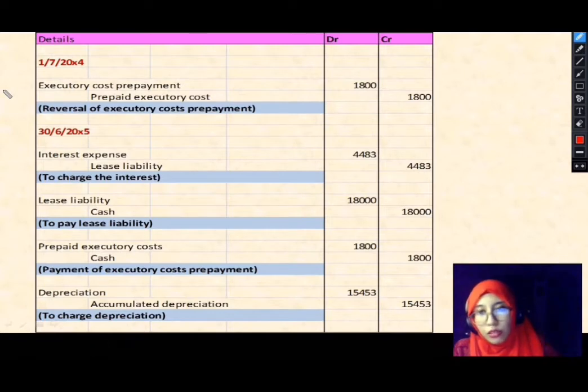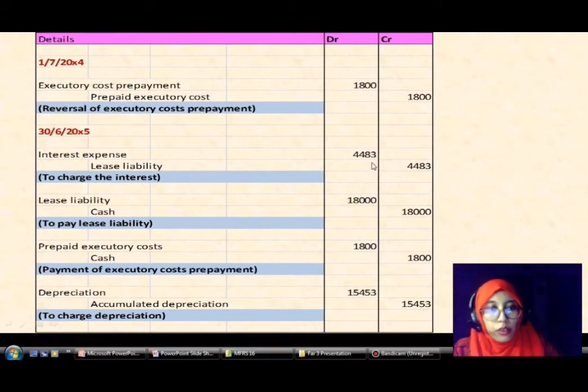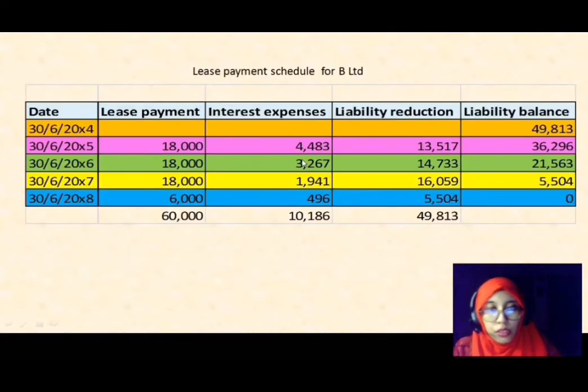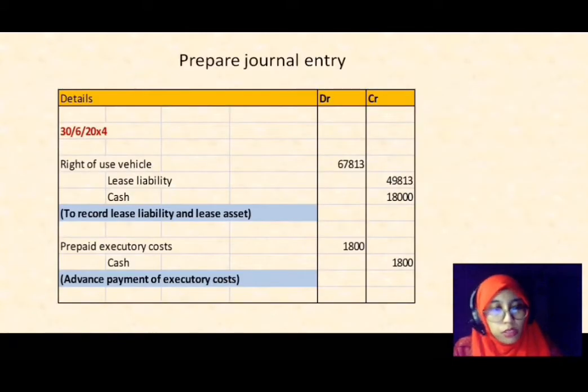At the end of this year, there will be interest expenses. We can see here 4,483. This amount we take from here. All the interest expenses we just take from here, and we need to pay the lease payment of $10,000 per year.